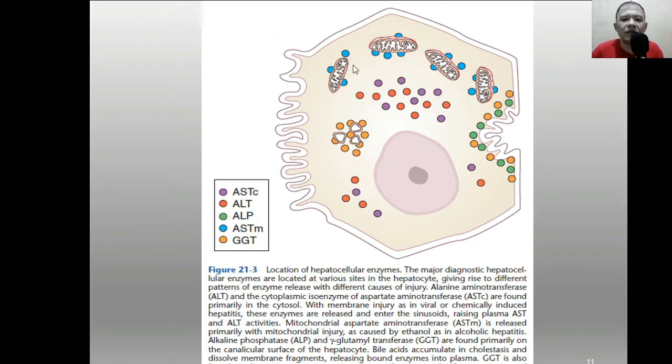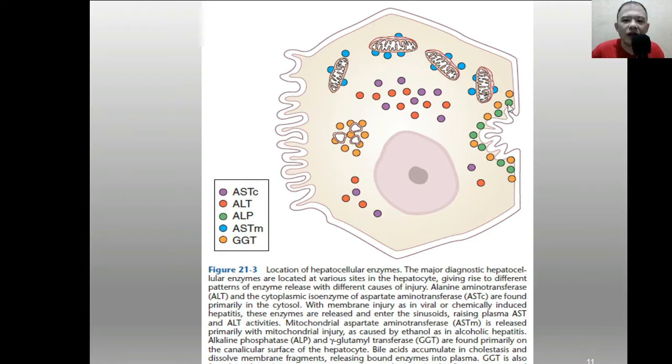With higher or more severe damage of the hepatocyte, you have more AST compared to ALT. The next enzymes that we see are ALP. The one in yellow is GGT, and the one in green is ALP.